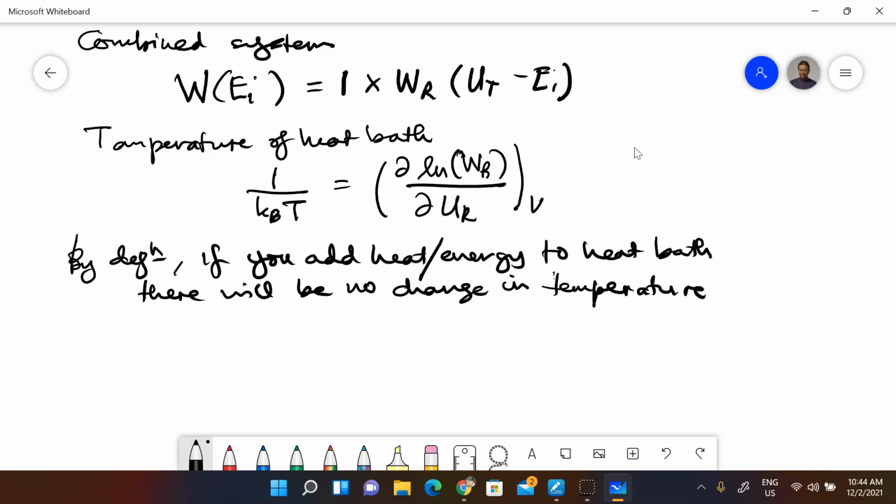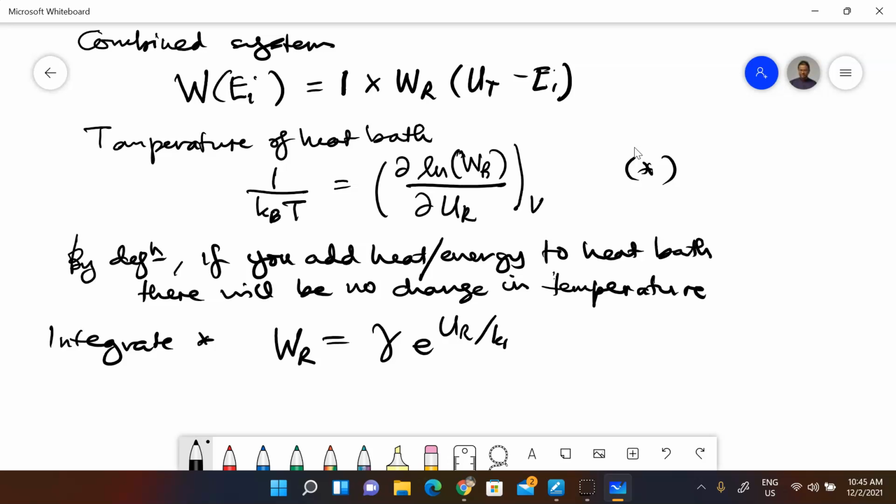So this is like a constant now, and I'm going to be able to integrate star, and that gives you WR equal to, since there's a log, an exponential here, gamma times exponential of UR on KBT.